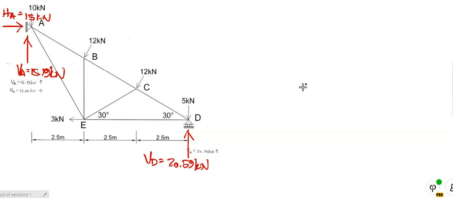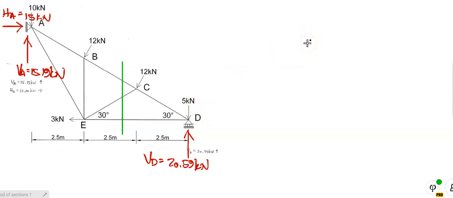Alright, people, so what you do is you make an imaginary cut line through, I'm going to draw it over there, like so. So we need to determine members BC, EC, and ED.